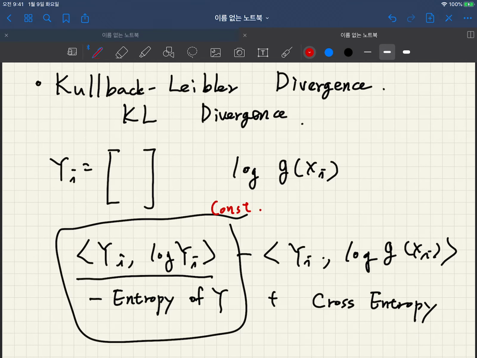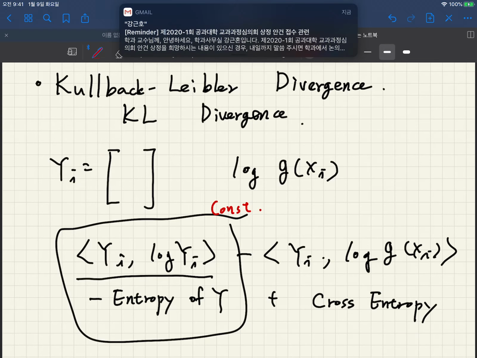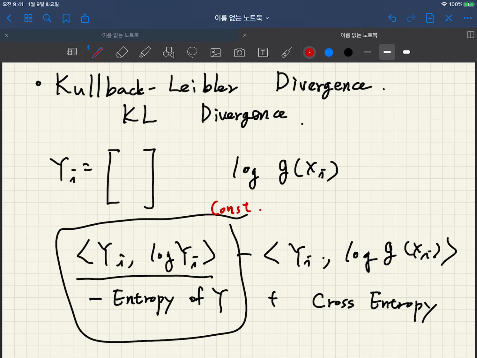But when we can control the yi vector as well, then KL divergence has a different meaning compared to cross entropy. So that's why in generative adversarial network literature, we use KL divergence rather than cross entropy, because in that case we can control the yi vector as well.